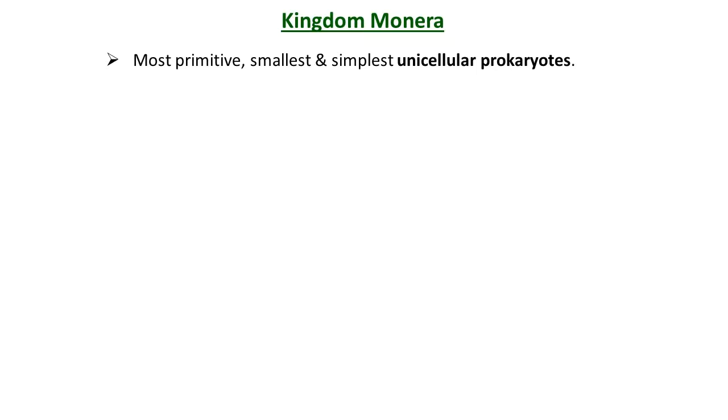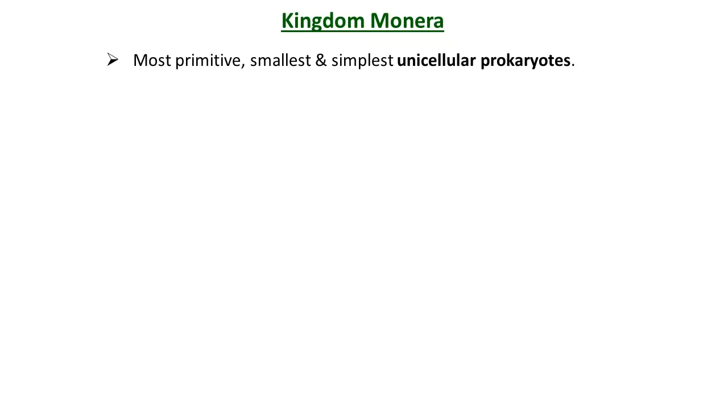So the nucleus is primitive or not well defined, which means the nuclear material of these organisms is not covered by a nuclear membrane. Okay, that is very important. Just repeating again, kingdom Monera, the primitive group, includes unicellular prokaryotes.